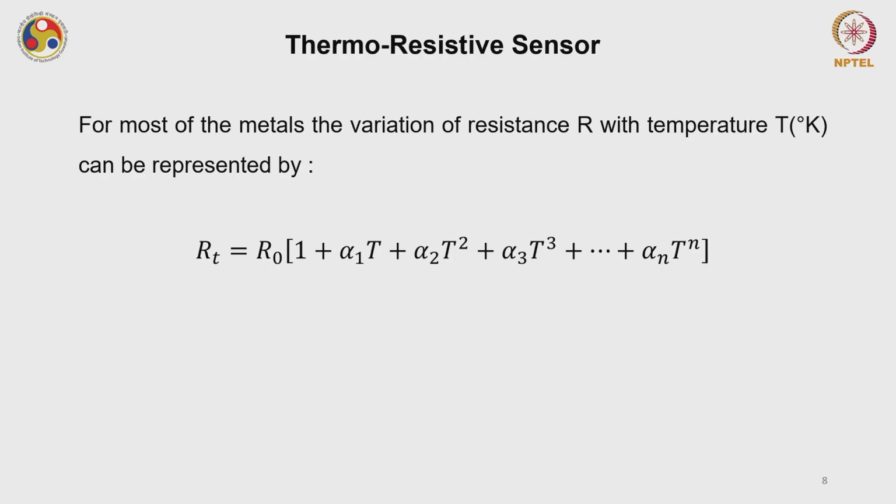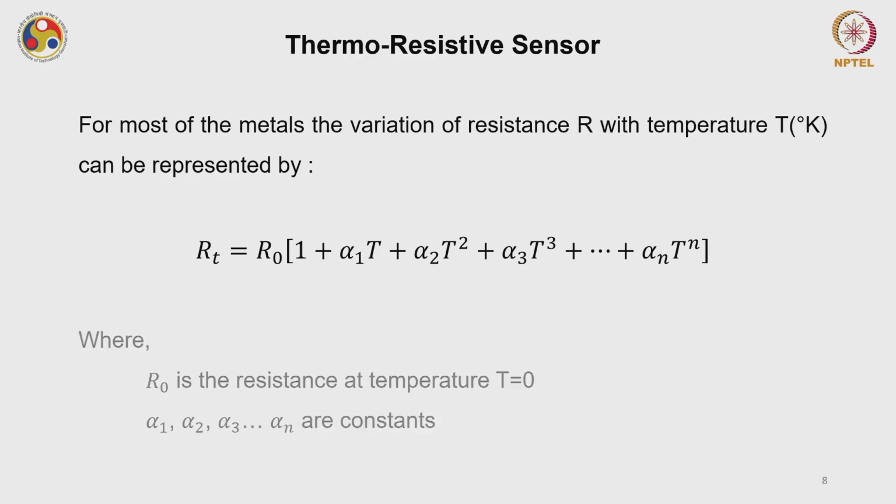For most metals, the variation of resistance R with temperature T can be represented mathematically as R_T = R_0 (1 + α1 T + α2 T² + α3 T³ + ... + αn T^n), where R_0 is the resistance at temperature T equal to 0, and all these alphas are constants.